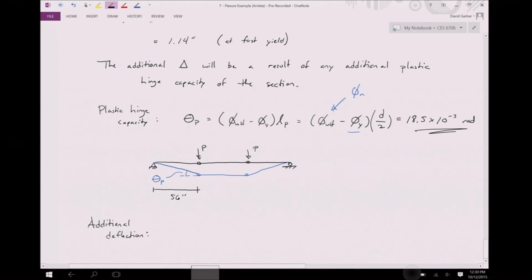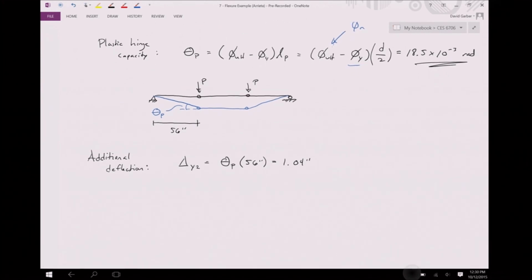So our additional deflection is then delta y2, and this will be just our plastic rotation capacity times 56 inches. And we'll find this to be 1.04 inches.